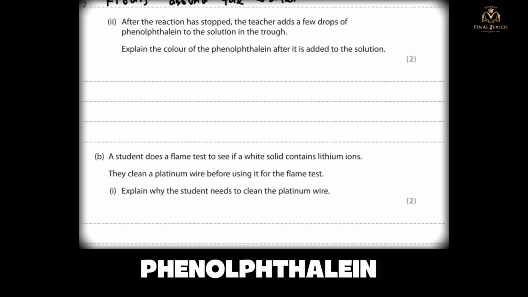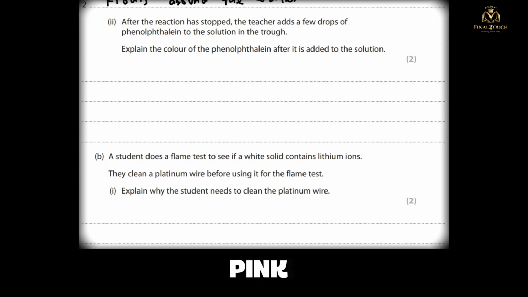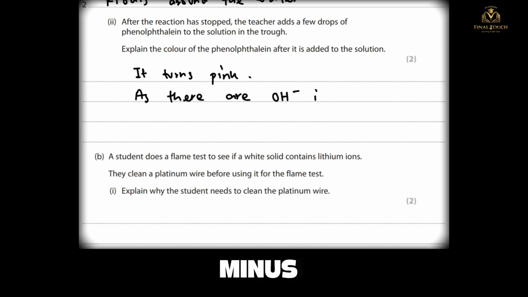So therefore the phenolphthalein turns pink. So the answer should be it turns pink as there are OH minus ions present.